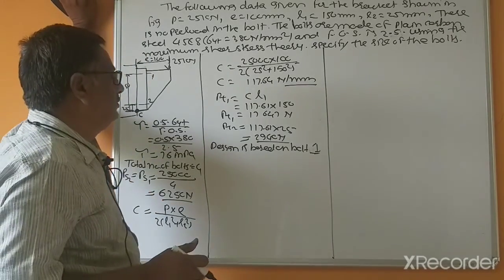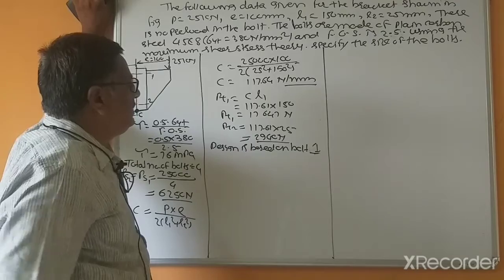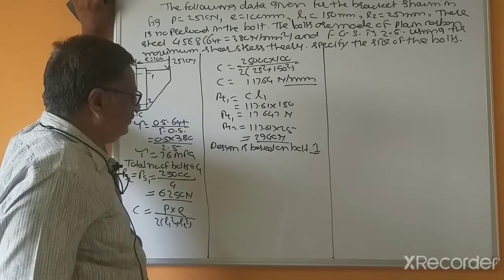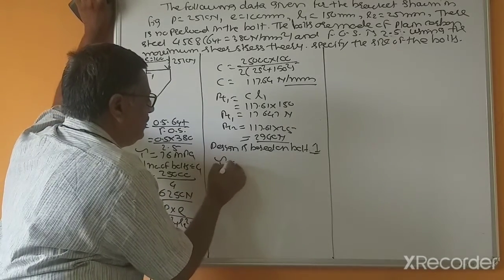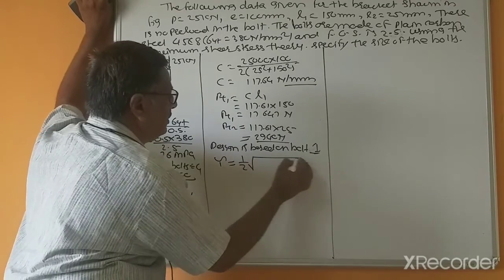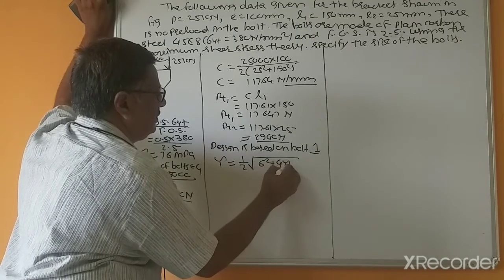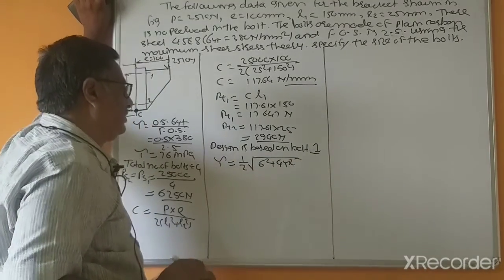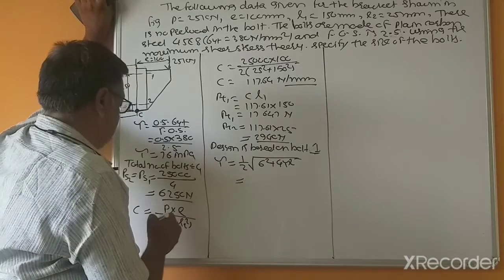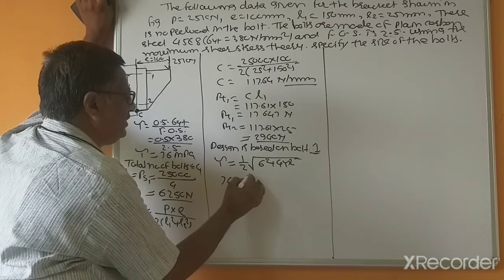Now, according to the maximum shear stress theory, tau equal to, what is the formula? Half into square root of sigma square plus 4 tau square, and sigma equal to, we already calculated, this is 76.